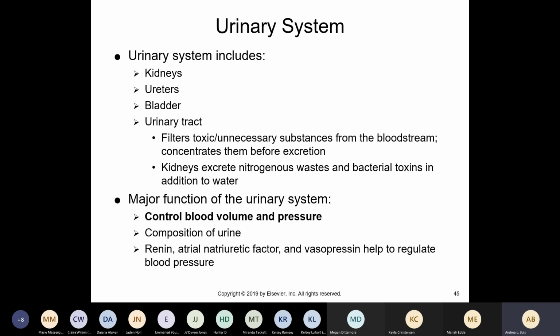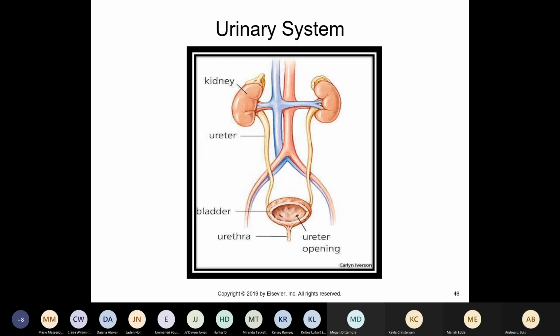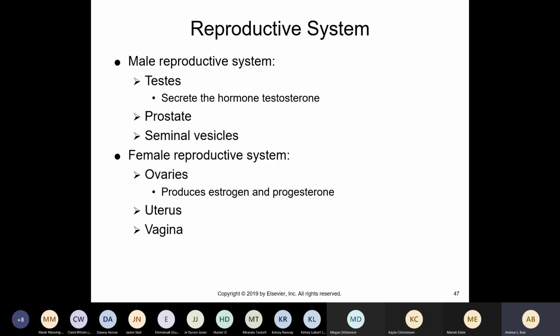The major function of our urinary system is to control our blood volume and pressure, the composition of urine, and some other things that regulate our blood pressure. But we don't always think about that. But the control of blood volume and pressure is important. The urinary system is important in that. Just a picture of what is included in the urinary system.